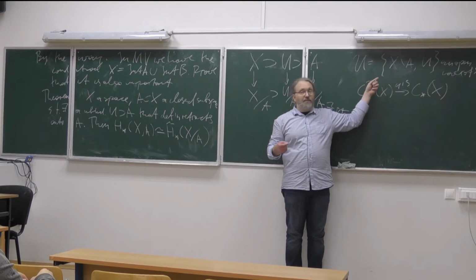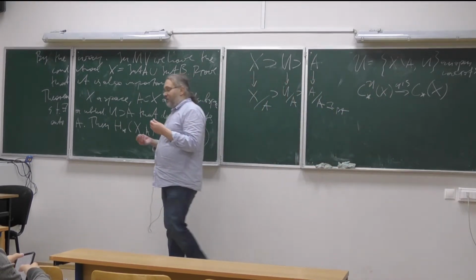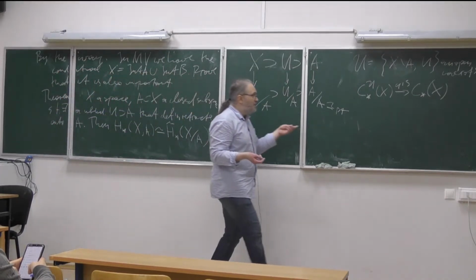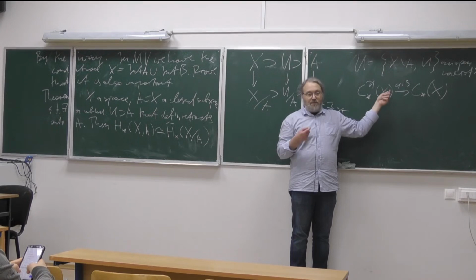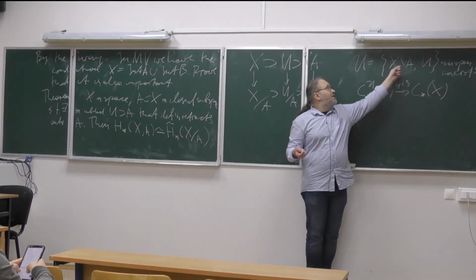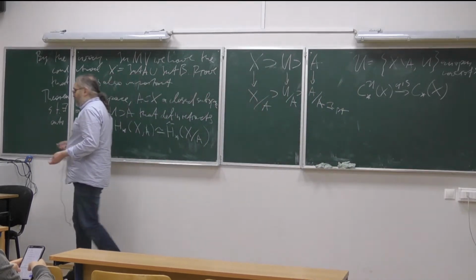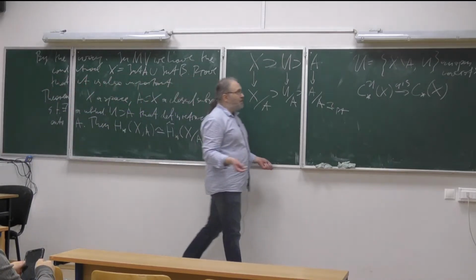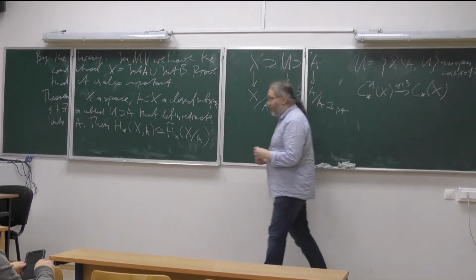Well, it's something we use to prove excision, but in itself, this is just the complex of simplices such that the image of each of those simplices is contained in either X minus A or U. That is, it is a subcomplex which, as an abelian group, is generated by singular simplices whose image lies in one of the two sets.